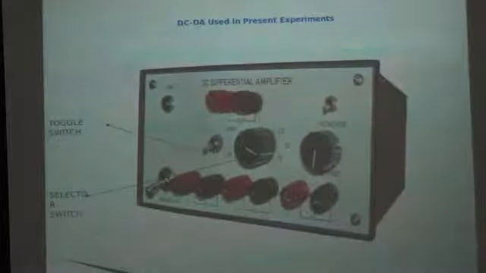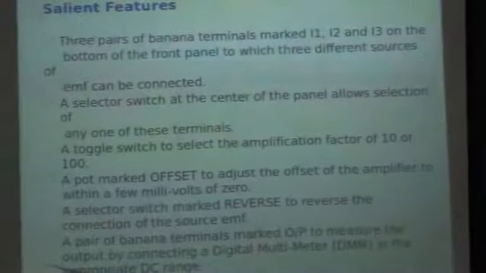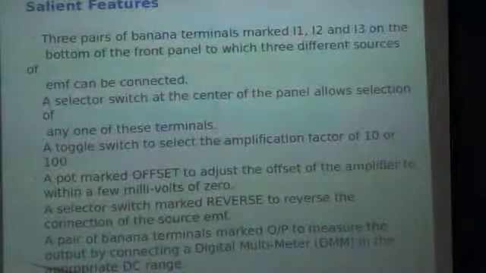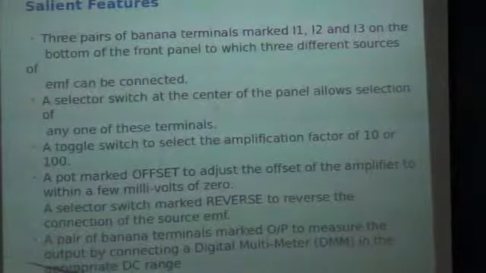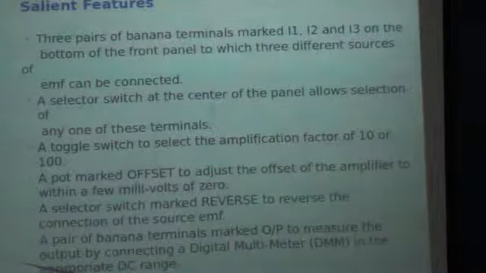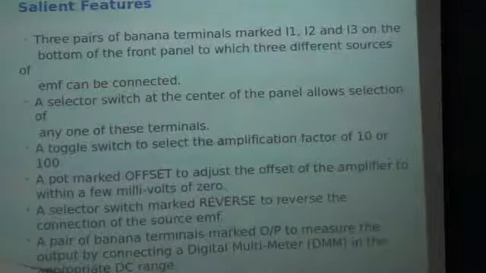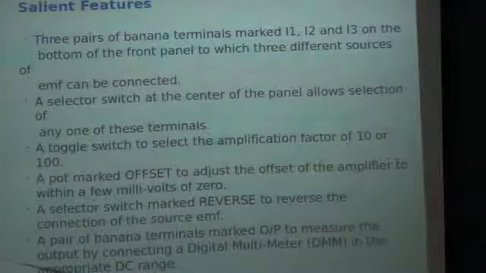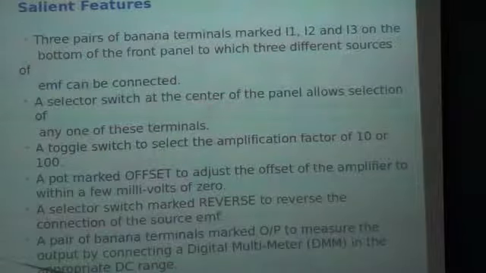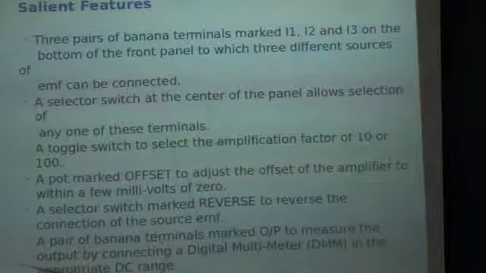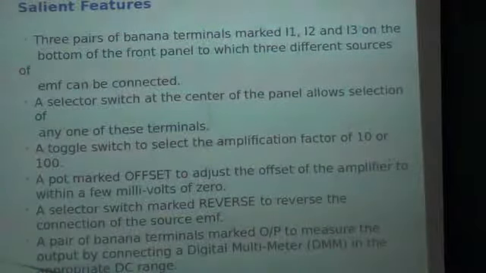There are three pairs of banana terminals marked I1, I2, I3 on the bottom of the front panel, to which three different sources of EMF can be connected. A selector switch at the center of the panel allows the selection of any one of these terminals. A toggle switch selects the amplification of 10 or 100.